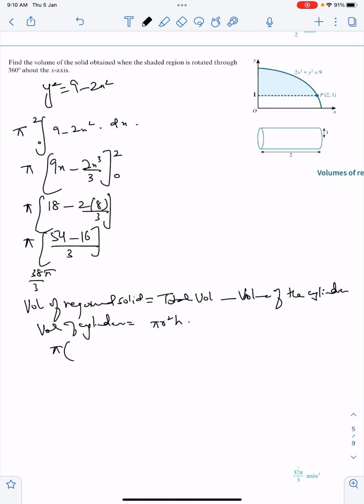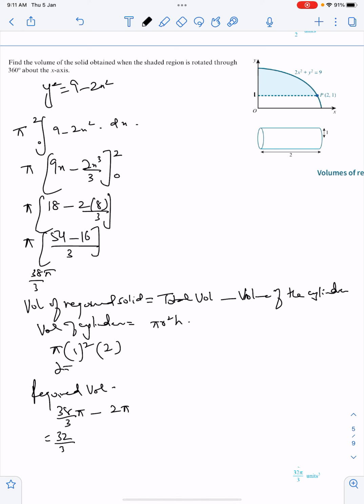Pi, the radius is going to be 1 and the height is going to be 2, so 2 pi. So from this answer I have to subtract this answer. So required volume is going to be 38 upon 3 pi minus 2 pi. Okay, 38 upon 3 minus 2 is giving me 32 upon 3 pi. So the answer is 32 upon 3 pi.